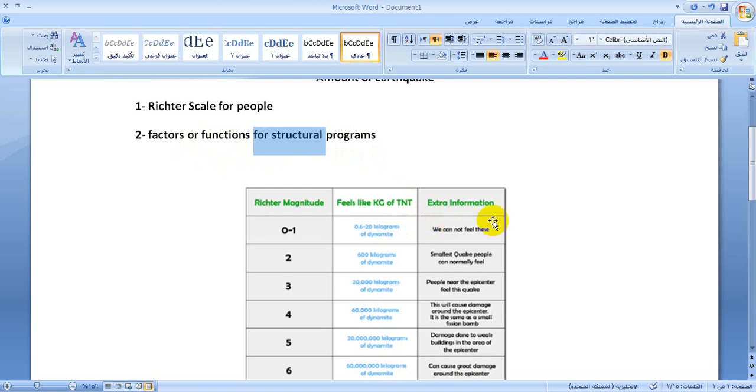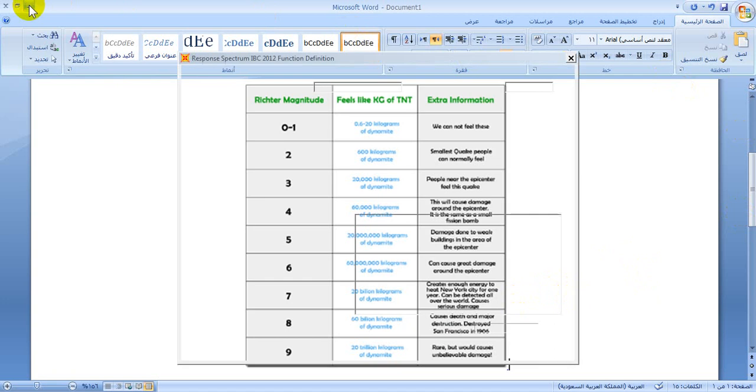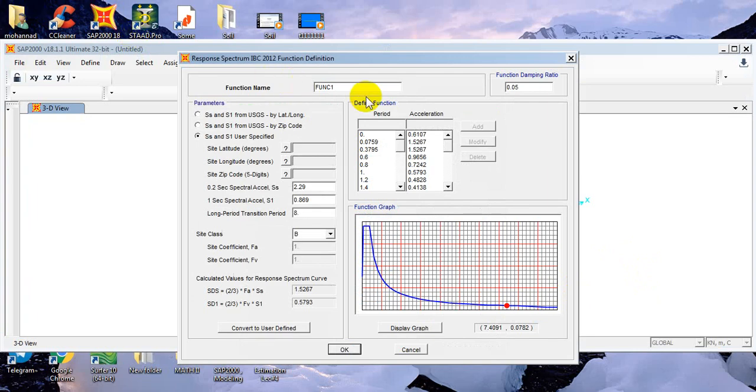Let us move to the program. This is the program I'm talking about.